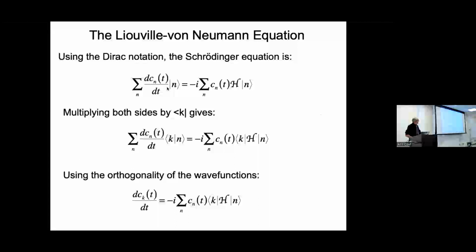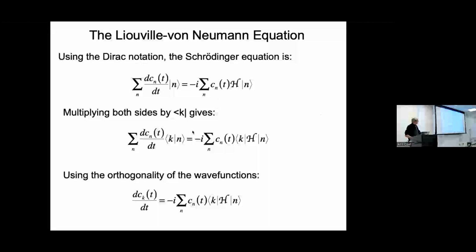And the basis functions don't depend on time, so the derivative applies only to the coefficient C. And over here on the other side, I have H acting on the wave function, but numbers don't matter. They commute and they can come out front. So that's just d psi dt equal to minus i H psi put into the Dirac notation.